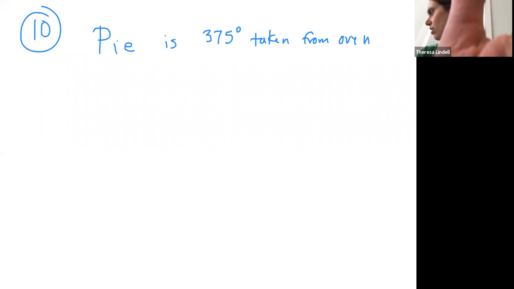So basically it says there's a pie that is, I don't know, 375 degrees, taken from the oven. And then you need to know that the room temperature is, we'll say 70.